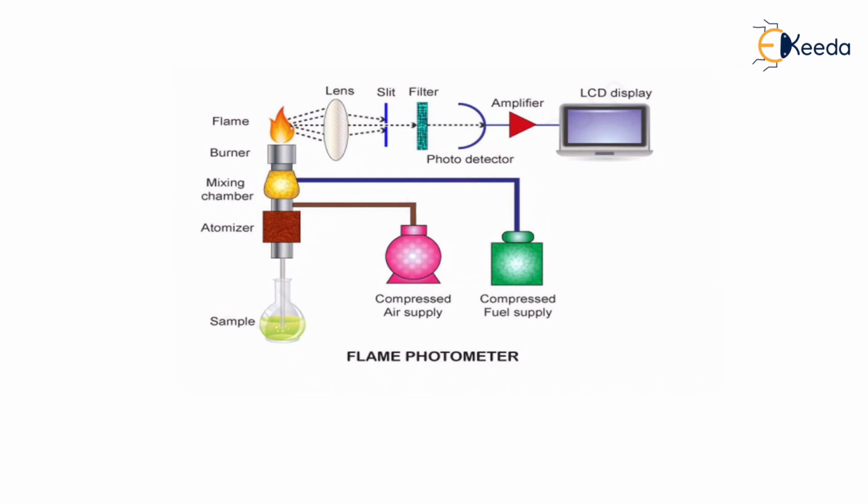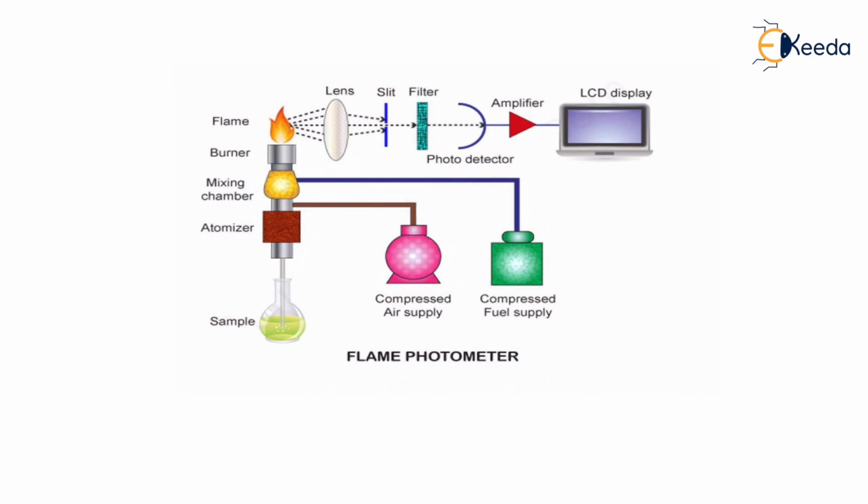At the bottom on the left you can see a sample. Then there is an atomizer. On the top, compressed air is supplied with compressed fuel supply to give that particular temperature. We had seen a table of temperatures ranging from 1700 to 4000. And how does this range happen?